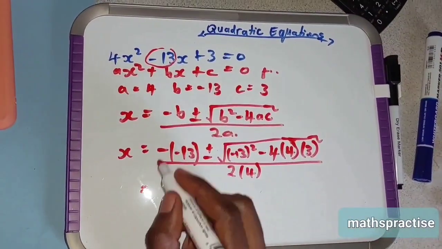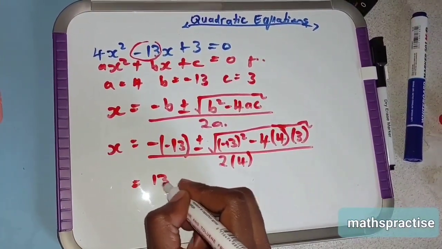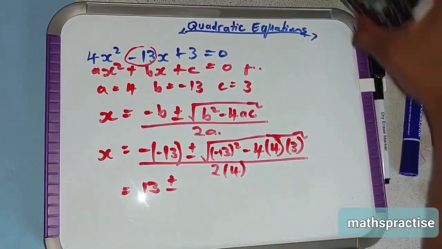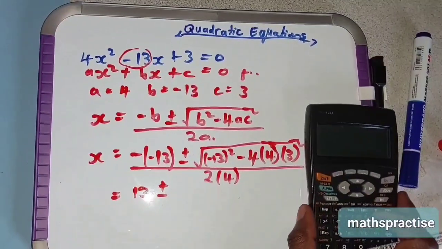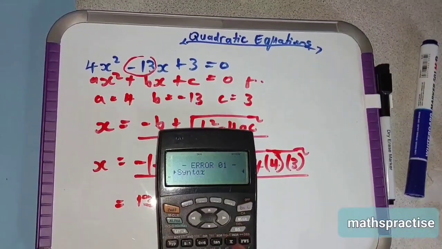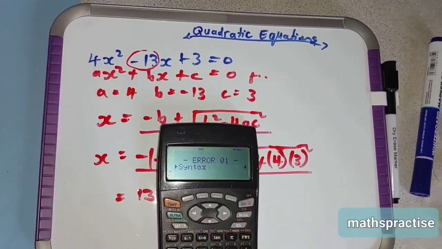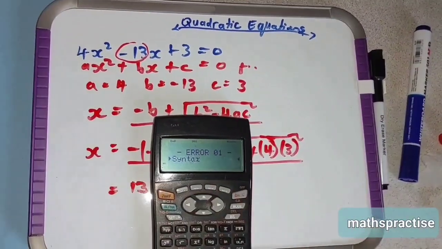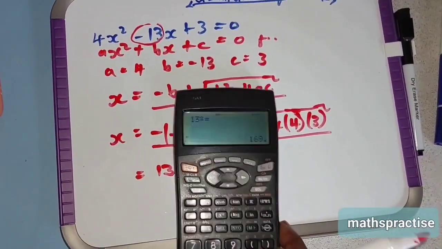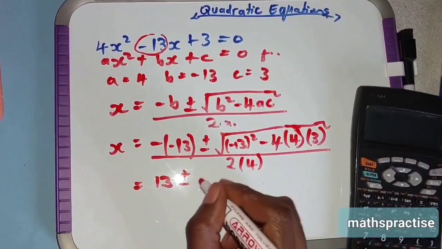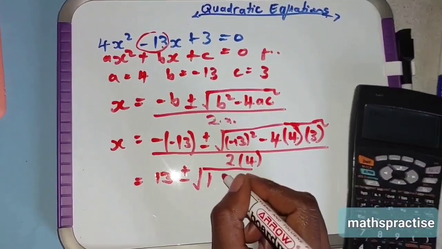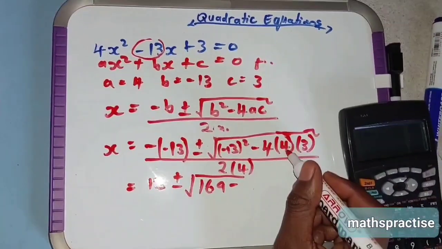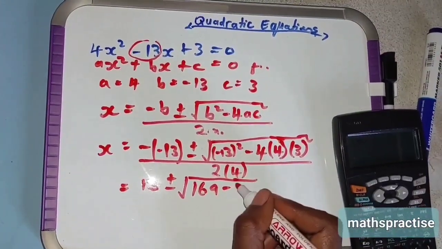If we simplify, we have 13 plus or minus, from the square root, 13 squared from our calculator. Okay. Thirteen squared, we get the square root of 169 minus 4 times 4, that's 16, 16 times 3, that's 48, minus 48.